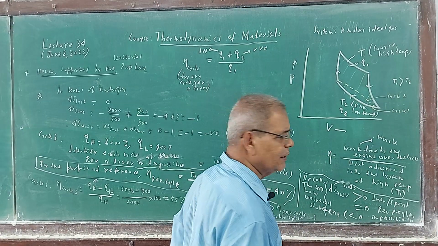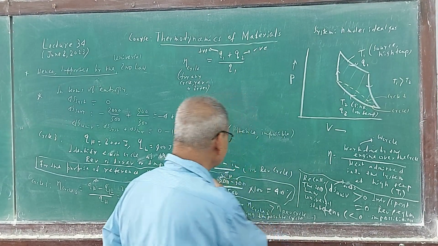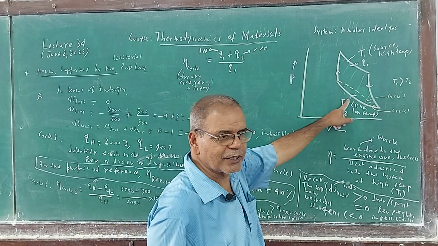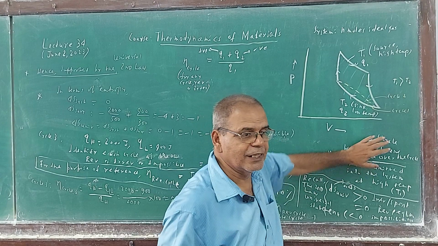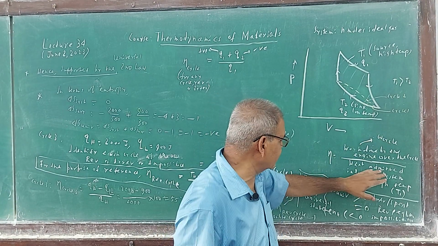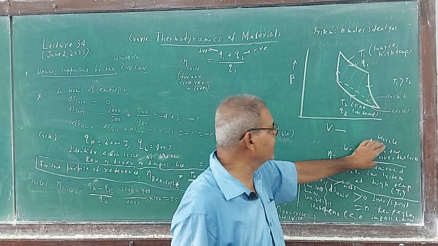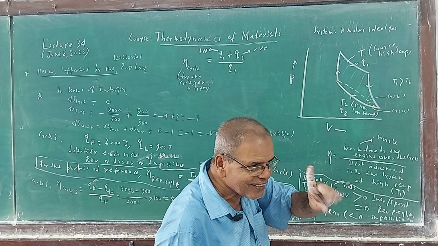Cycle 3 says what? Take a look. Efficiency is reduced. How much? 40%, that was 25%. Do you see this? What is the efficiency? Remember, W cycle I wrote somewhere, numerator by denominator. This is a constant 2000, this is varying. From this, with the dotted line, the area is reduced.